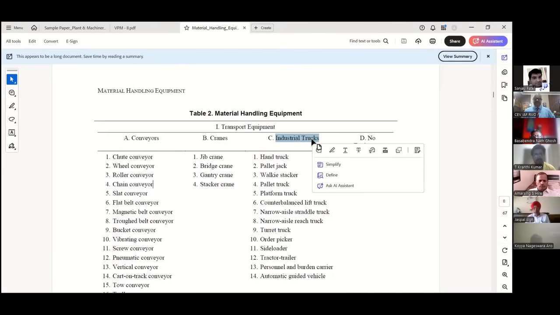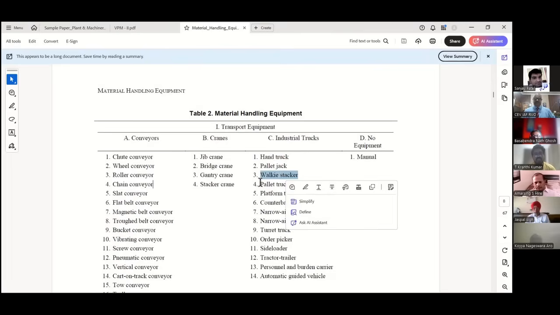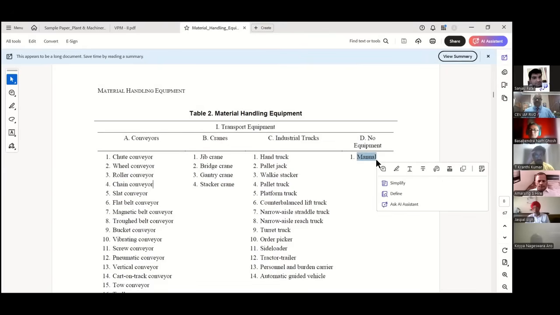Industrial trucks are for movement of small cargo or small materials from one place to another, in the form of hand trucks, pallet trucks, walkie stacker, platform trucks, counterbalance lift, narrow aisle stacker trucks, turret trucks, order pickers, side loaders, tractor trailers, personnel and burden carriers, or automatic guided vehicles. And next, that is manual: you can transport with the help of human resources.